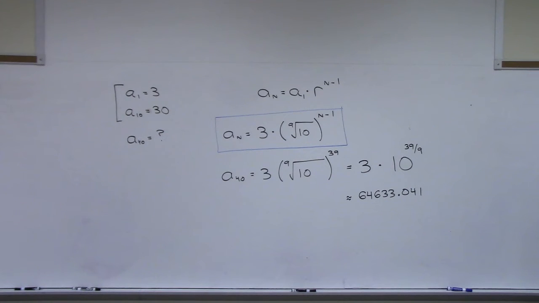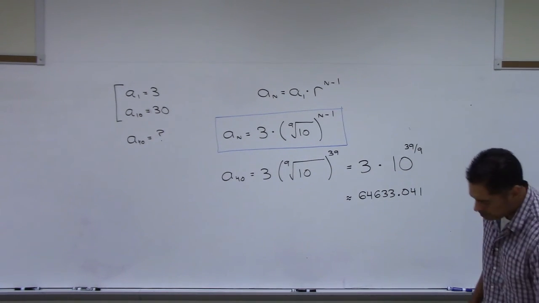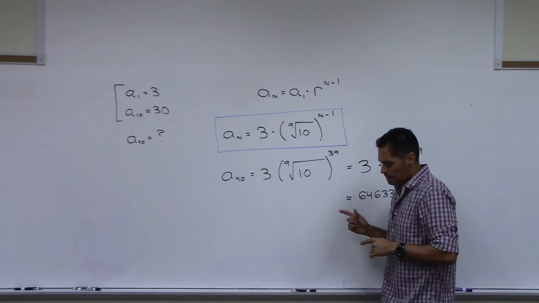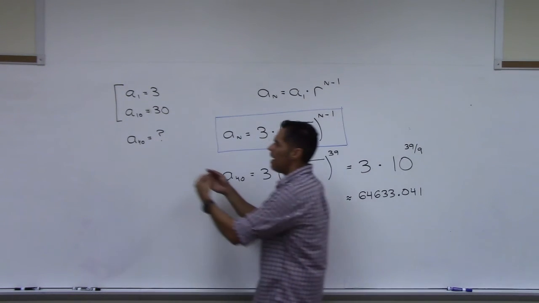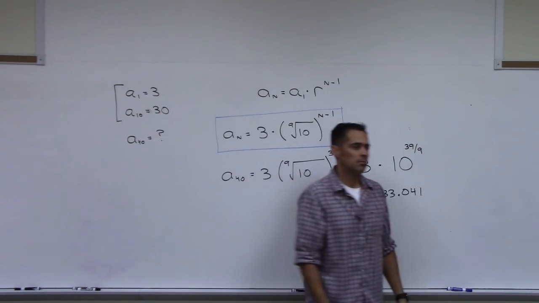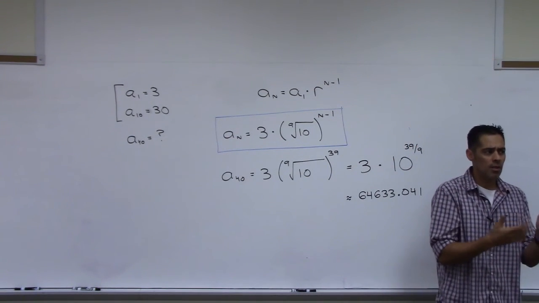Questions? So if you had to summarize the last 2 examples, in order for you to figure out what's happening later on in the sequence, what did you have to know? Yeah, but to get R and D, what did you have to know?